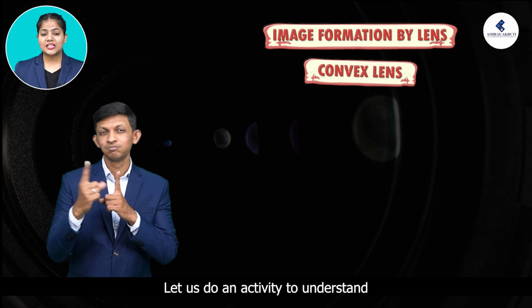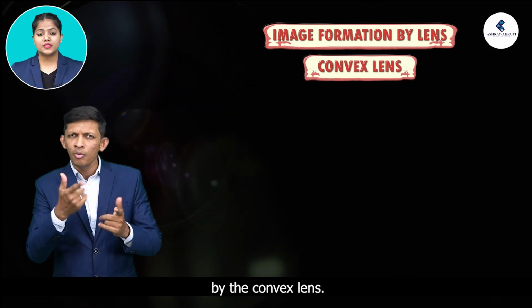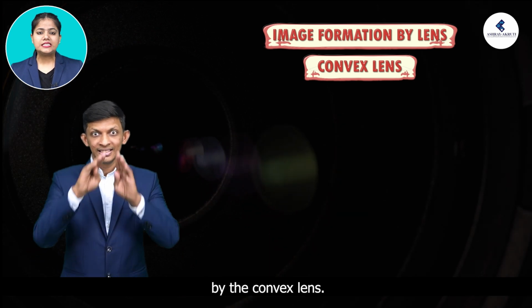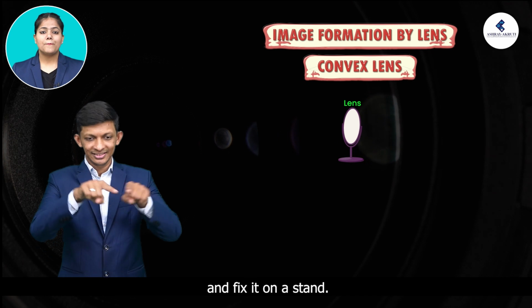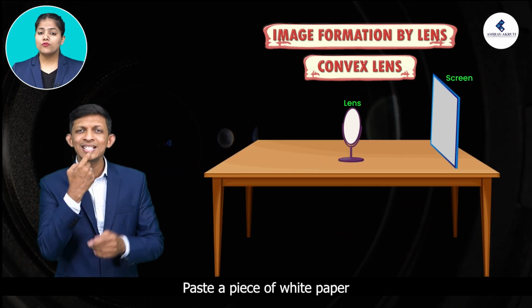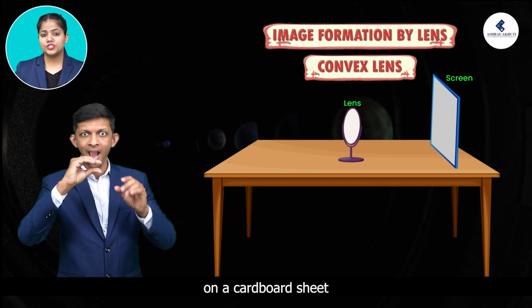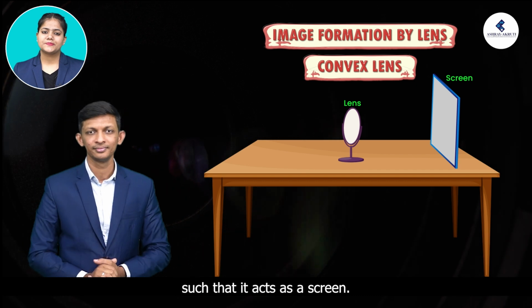Let us do an activity to understand how the image is formed by the convex lens. Take a convex lens and fix it on a stand. Place it on a table. Paste a piece of white paper on a cardboard sheet such that it acts as a screen.